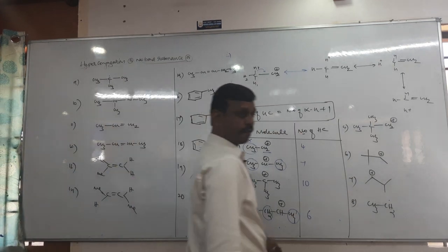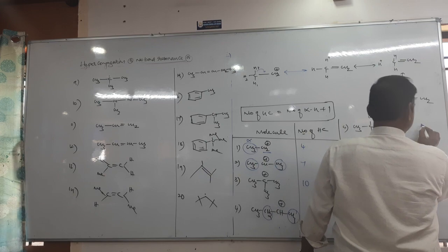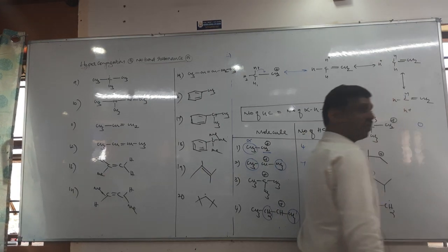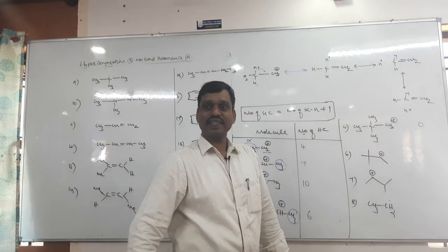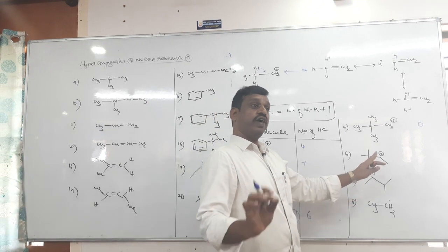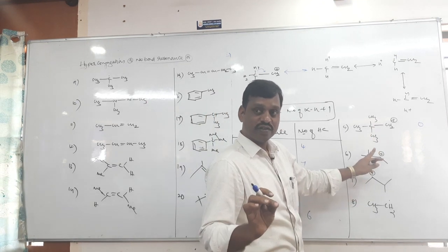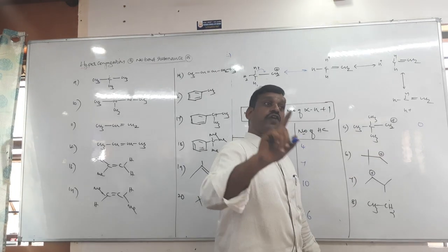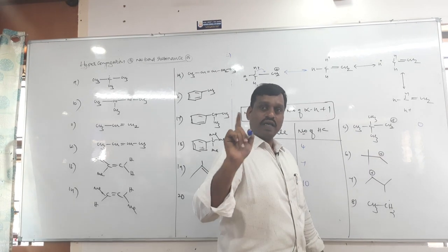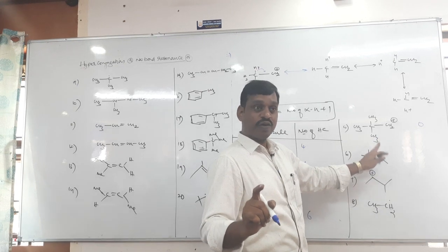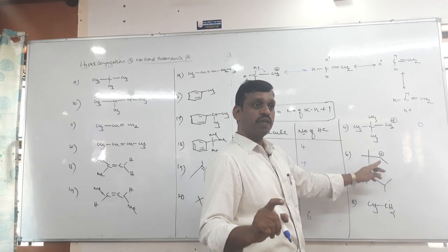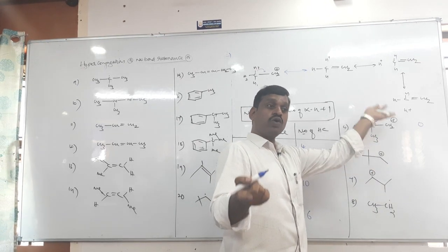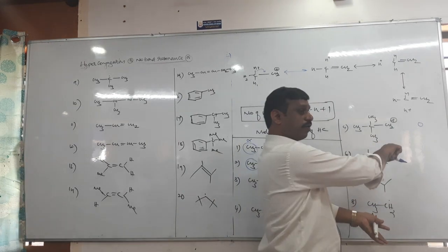Next, hyperconjugation 0. Whether this exhibits hyperconjugation? No. See, can it exhibit hyperconjugation? No. Why? There is no alpha hydrogen. If there is no alpha hydrogen, the total structure is 1 only.